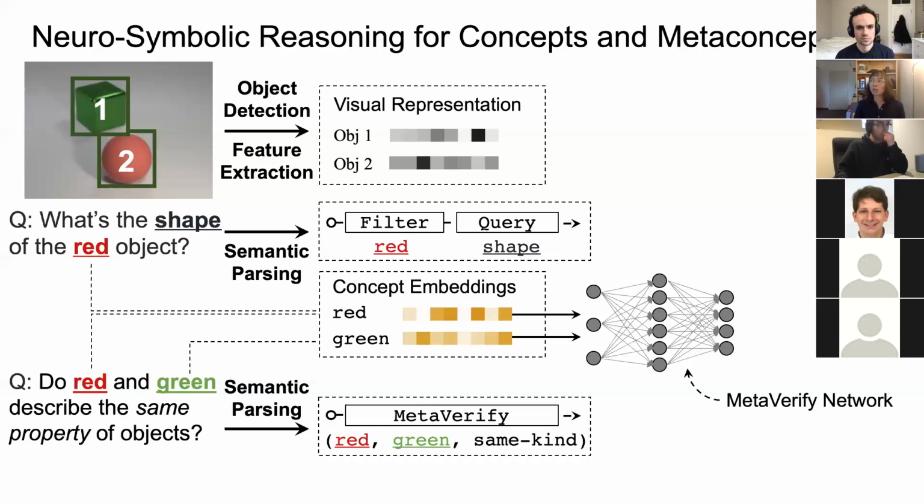Basically there are some regularizations on the concept embeddings, saying that if two concepts are visually similar to each other, then their concept embeddings should also be similar to each other. And if two concepts are mutually exclusive, for example, in this specific case the words red and green, then this mutual exclusivity should also be reflected in the corresponding concept embedding space.